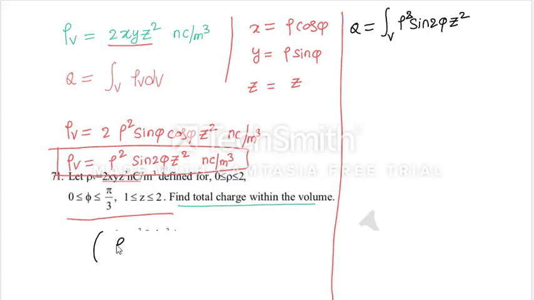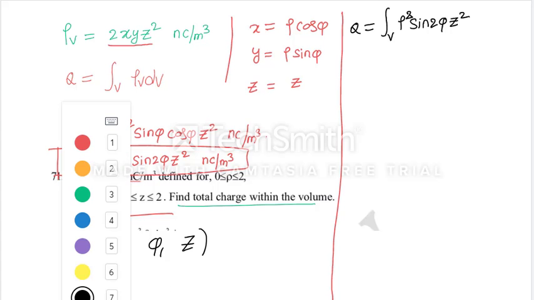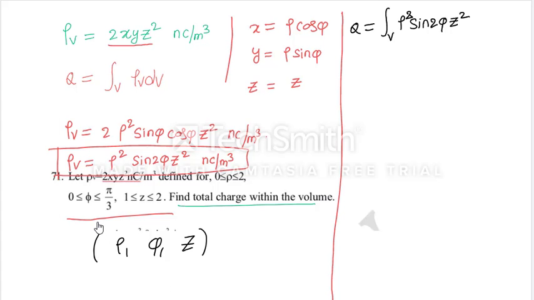In the cylindrical system, the elements are rho, phi, z. The change in length along the rho direction is d rho, along phi it is rho d phi, and along z it is dz. So dv is rho d rho d phi dz.